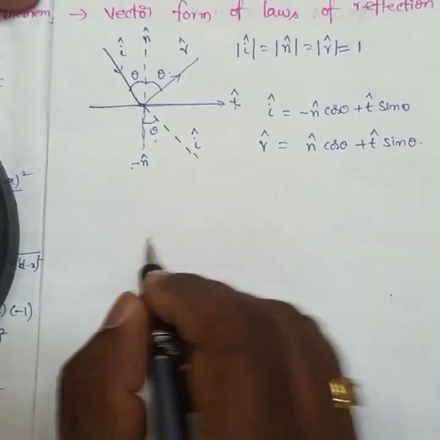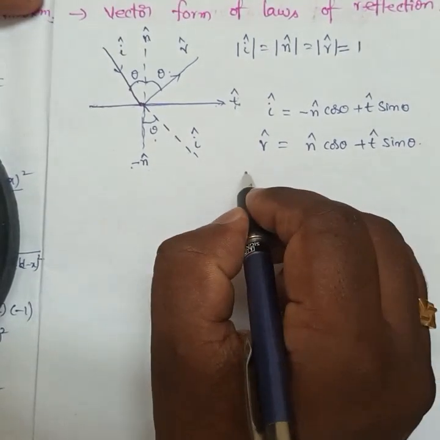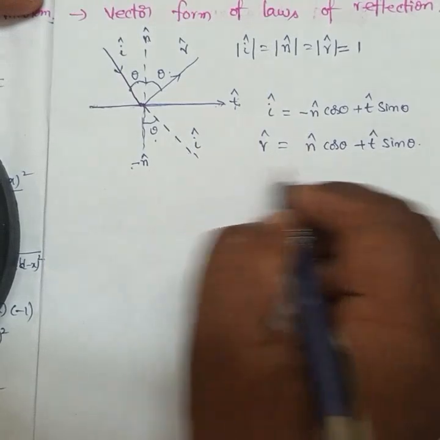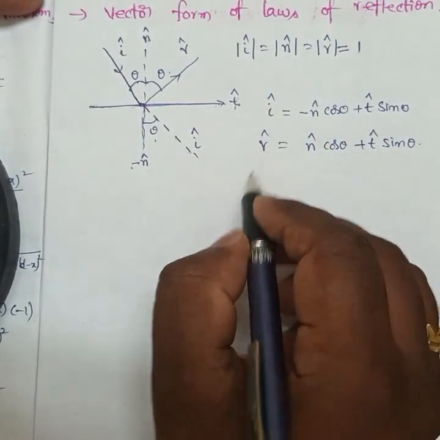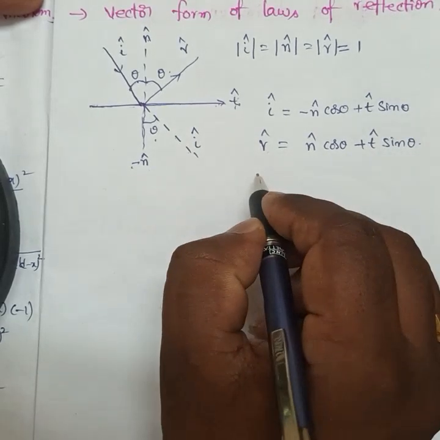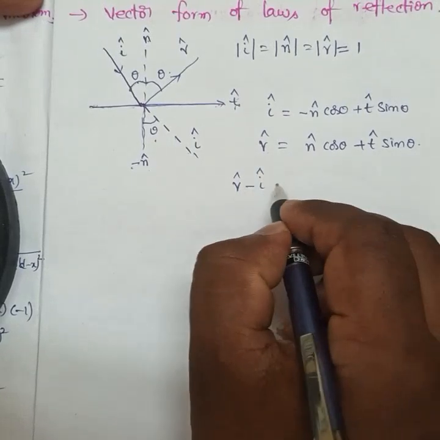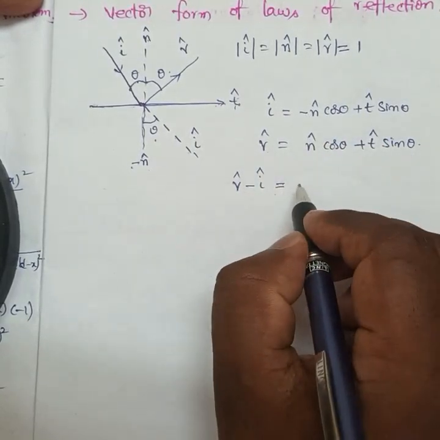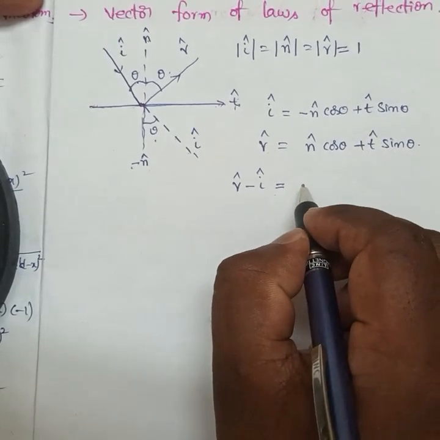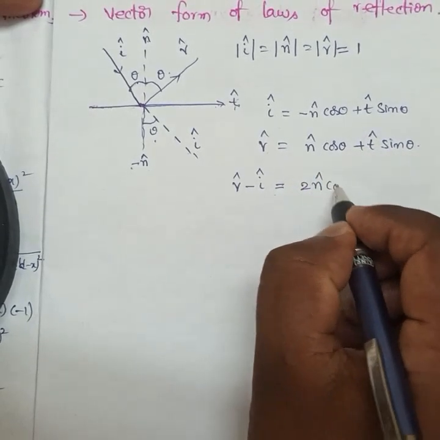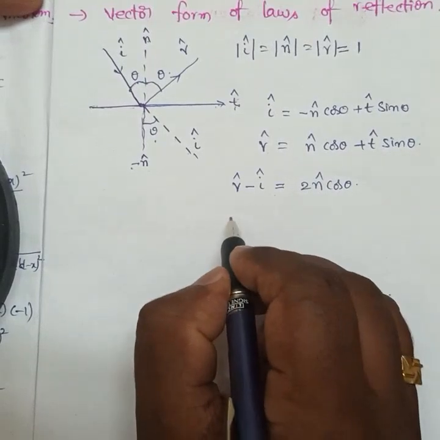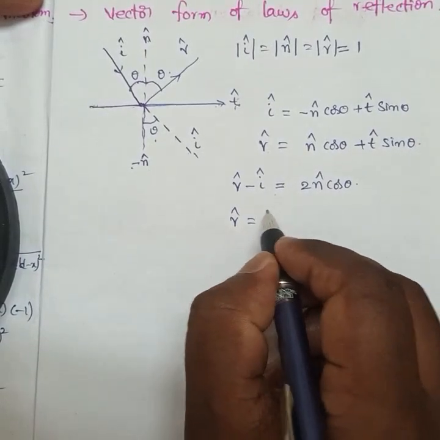Now subtract r cap and I cap. Here the negative sign will come and the t cap sine theta terms get cancelled, so we get r cap minus I cap equals 2 n cap times cos theta.